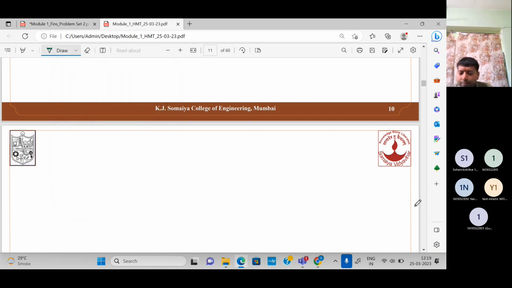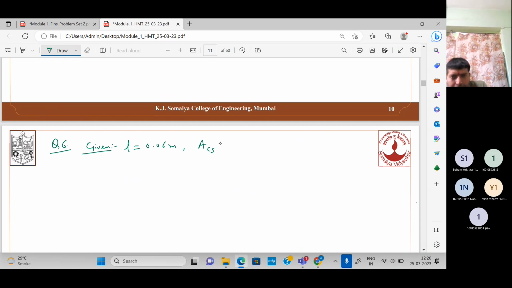Problem 6. Okay, so the length is given. What is given? Write down. Length is given. It is 60 mm, so 0.06 meters. Cross sectional area is given.